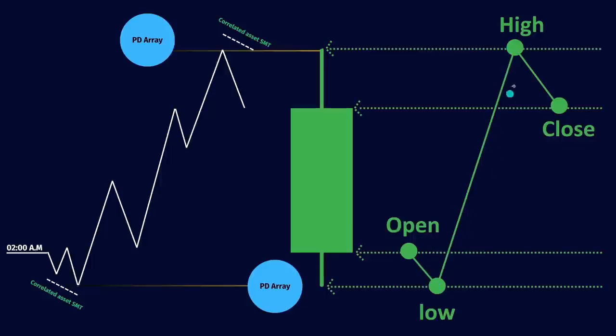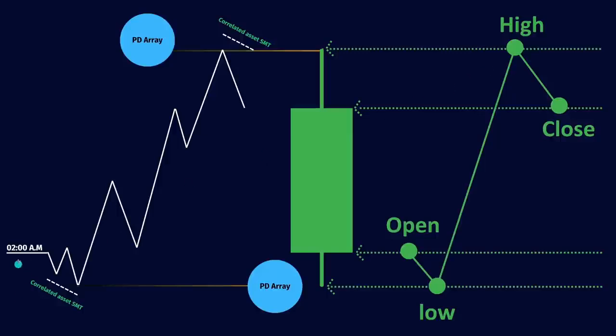It's one single move, but in lower time frames, you can find internal dynamics. You can find different types of moves. You can find retracements inside this move from the low to the high.